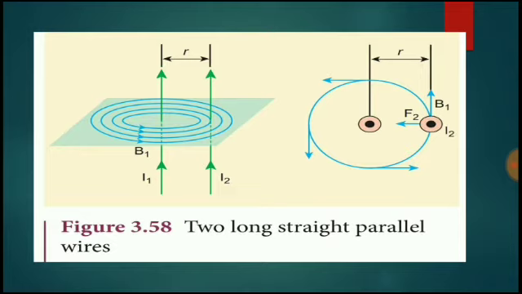Here we are taking two conductors parallel to each other. Each conductor carries current and has a magnetic field, and in that magnetic field the second conductor is present. At the same time, it experiences a force, and that force is perpendicular to the plane of the magnetic field.